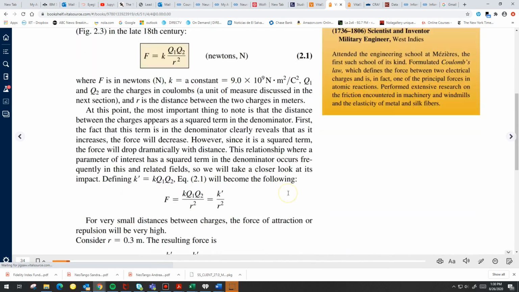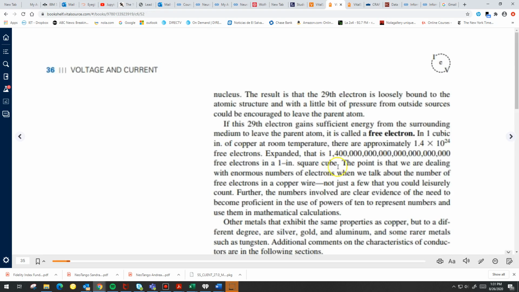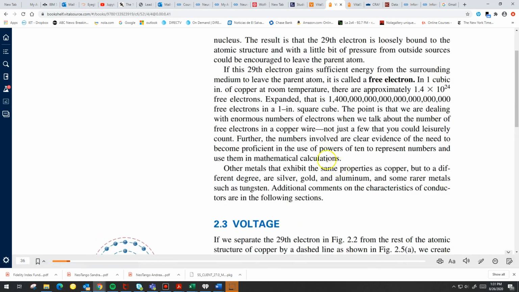All right, so looking at this expression, we're going to be looking at some examples later in the next video. I'm going to be working on some of these examples so you can understand how these operate.